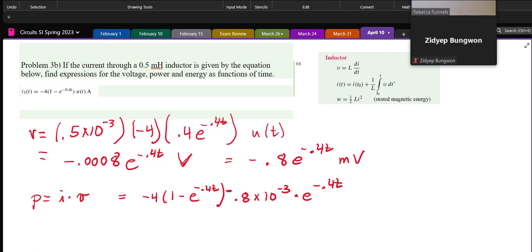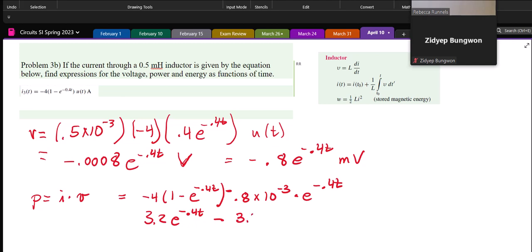I get 3.2 e to the negative 0.4t. That's negative 4 times 1 times the negative.